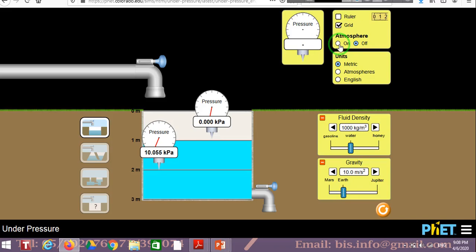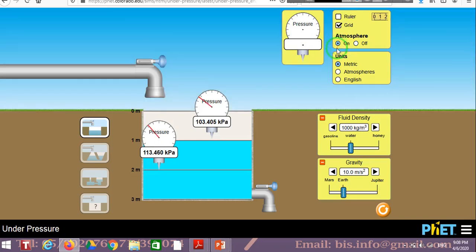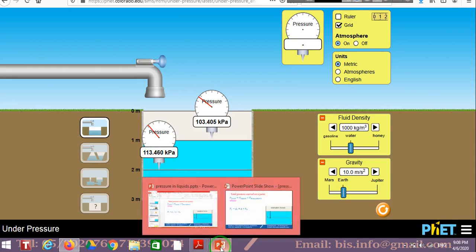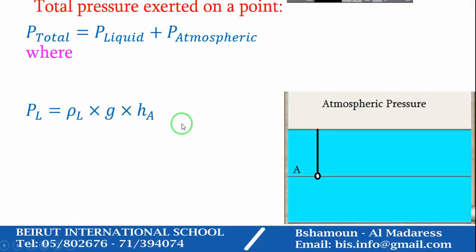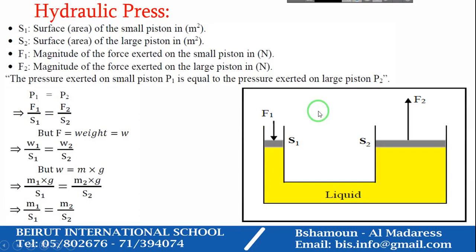But if the atmospheric pressure is taken into consideration, we can see that here it's 103,405 Pascal, and if we add the previous 10,055 Pascal, the answer will be 113,460 Pascal. So as a conclusion, we can say that the total pressure exerted at any point A will be equal to the pressure exerted by liquid plus the atmospheric pressure.